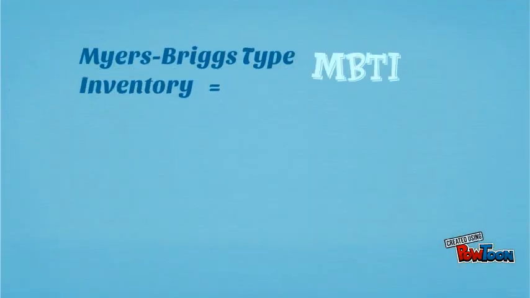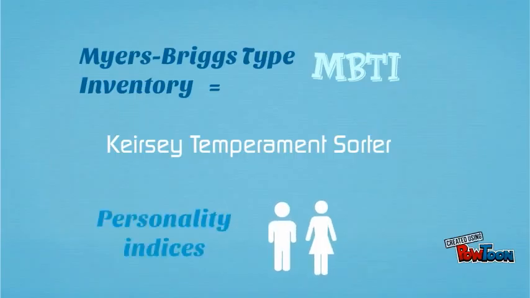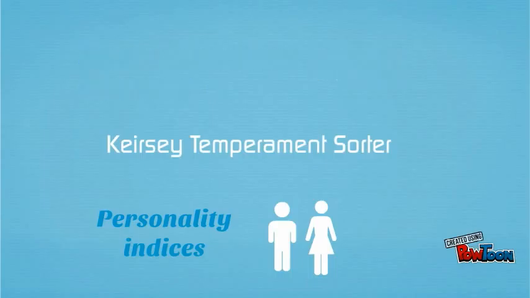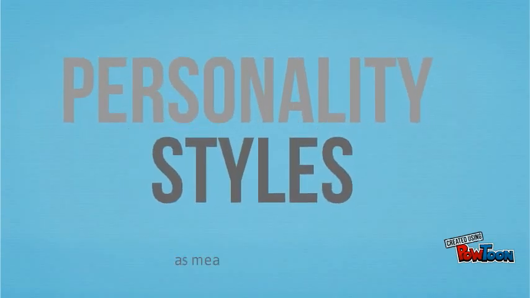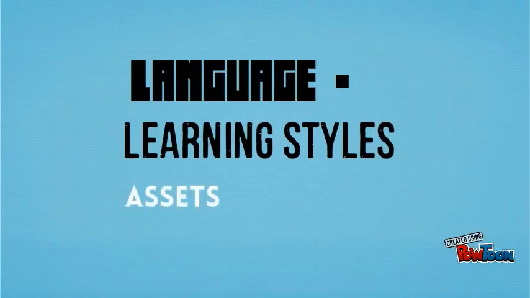Certain versions of the Myers-Briggs Type Inventory have been attempted with learners, especially the Keirsey Temperament Sorter, in order to give a measure of personality indices. Nowadays, there is enough research to indicate that personality styles as measured by the MBTI correspond to language learning styles, and that learners can benefit from knowing both the assets and liabilities of each style.